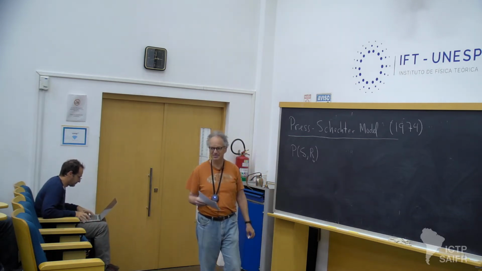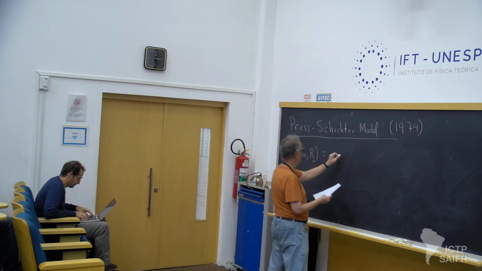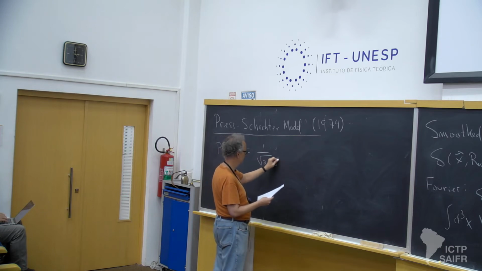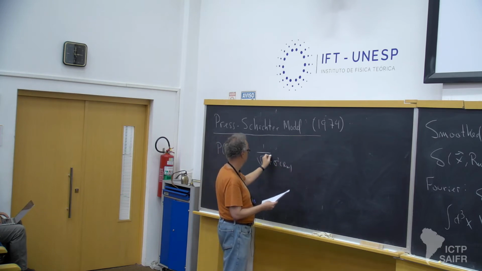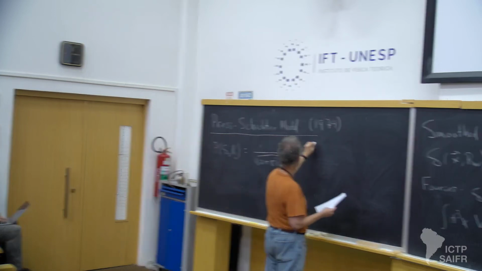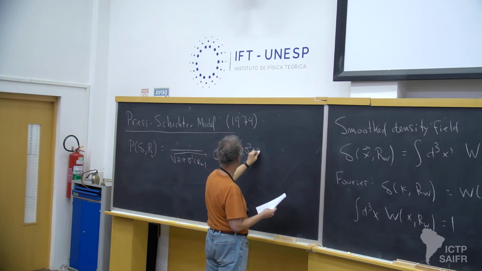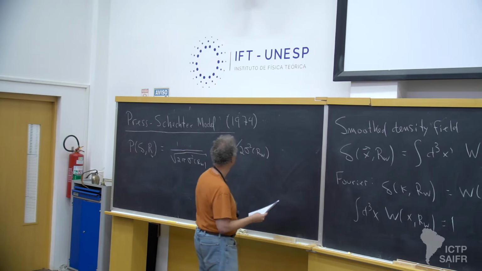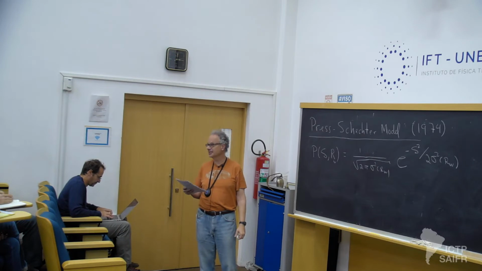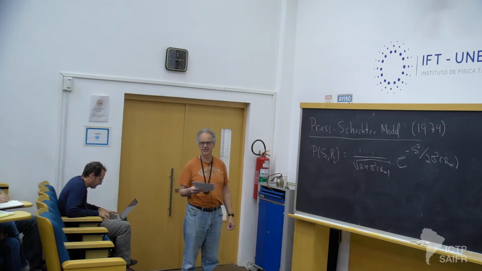Sorry about the delta delta, but that's what it is. And this is just a Gaussian. That was the assumption of Press-Schechter in the original paper: a Gaussian distribution for the fluctuations.